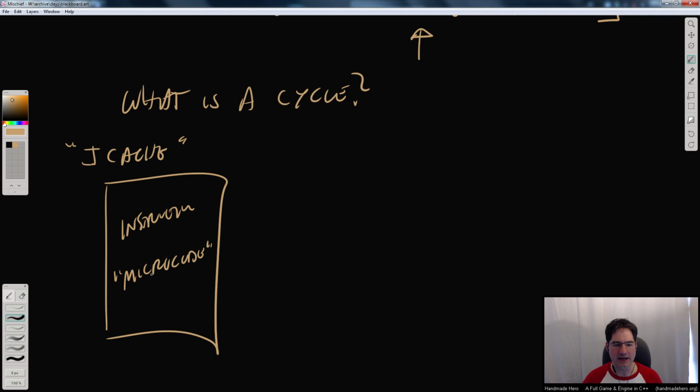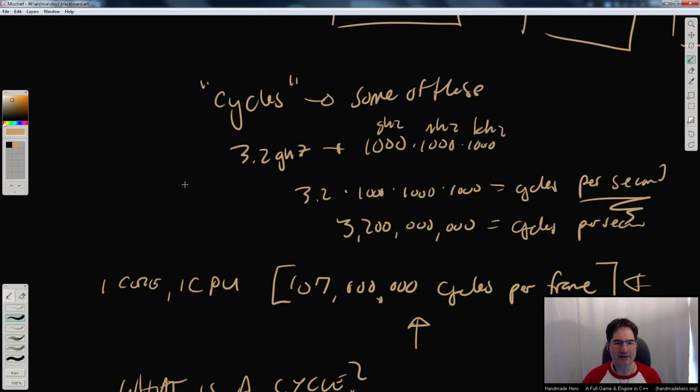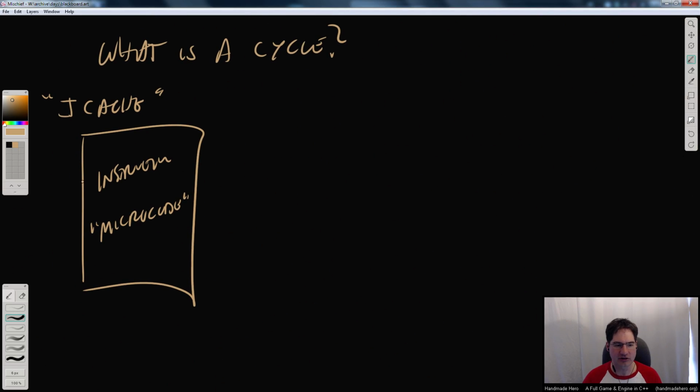And microcode instructions are not necessarily exactly the instructions that we see when we start talking about optimizing things and looking at the instructions. They might be. It might be that an add is actually just one instruction in the microcode. But there are other instructions that might be multiple microcode instructions.